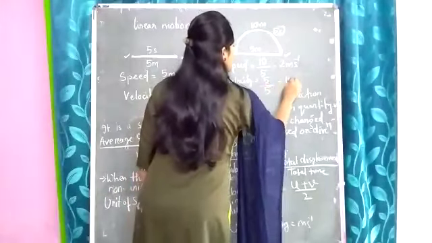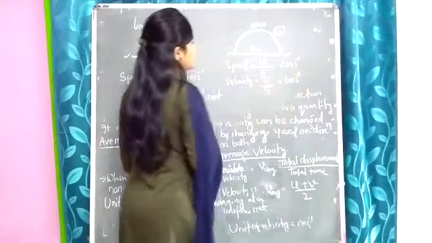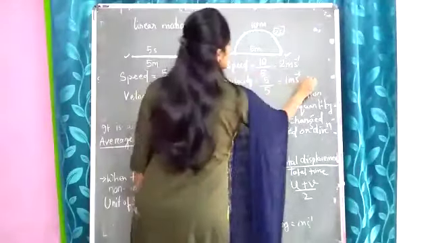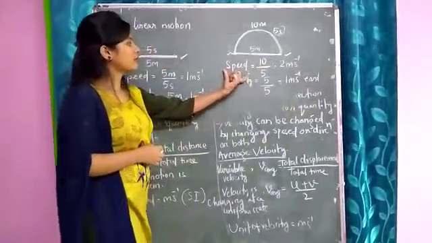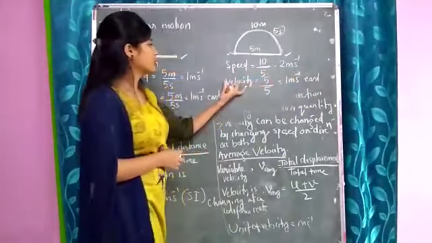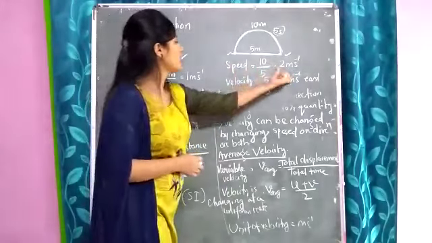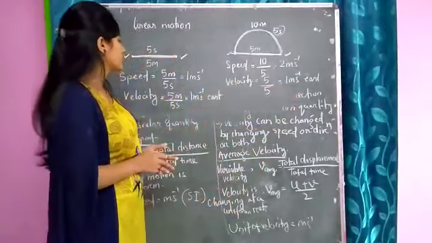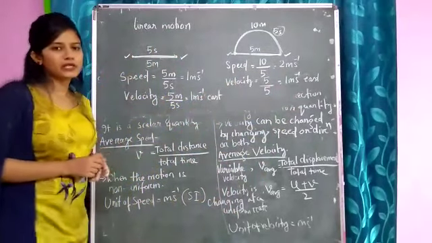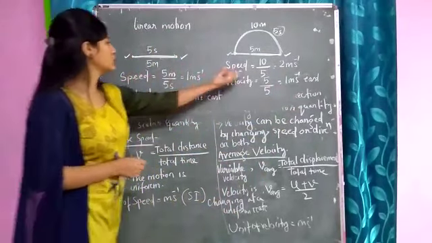So it will be 1 meter per second towards east. For this case we found that the speed value and the velocity value do not come equal.